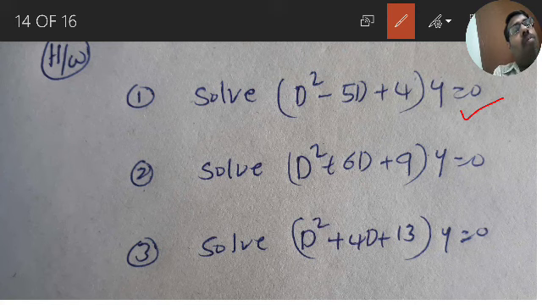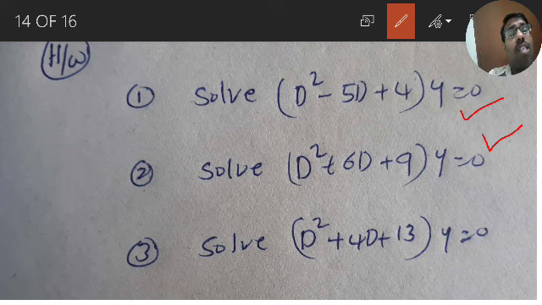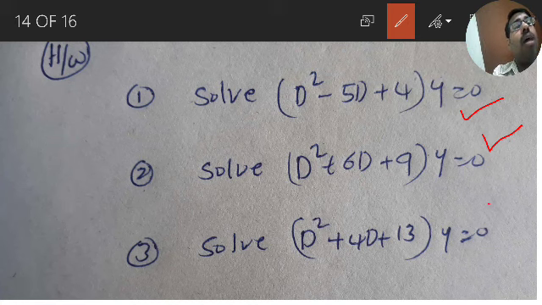So the second problem comes on real and equal roots. Third one, (d square plus 4d plus 13) of y is equal to 0. No factorization, not in a minus b whole square, not in a plus b whole square. Therefore, you have to go for the formula m is equal to minus b plus or minus square root of b square minus 4ac by 2a. You will get complex roots.